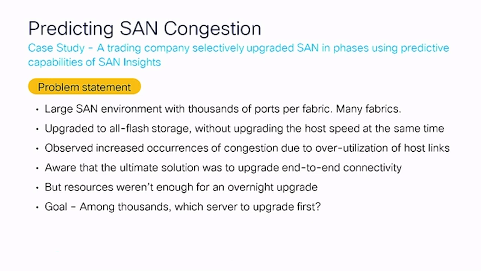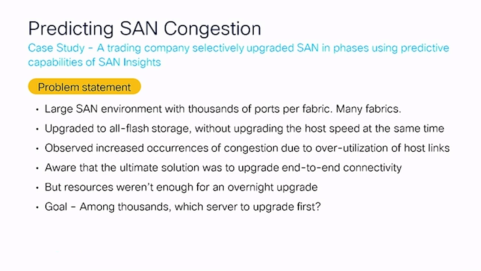For those of you who do share trading, maybe you have accounts there. But here is a problem. They said, hey, we got thousands of ports, we deployed all-flash arrays, and we are running into congestion. And my answer was, yeah, upgrade your host connectivity. But that's not going to happen overnight. And I'm yet to see a network where upgrades happen overnight, right? It takes years, it takes months, there's no funding, there are no resources.